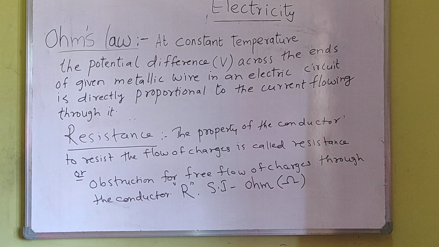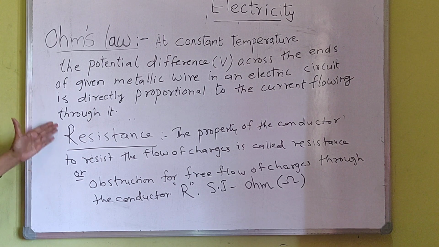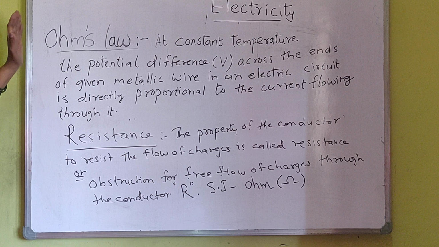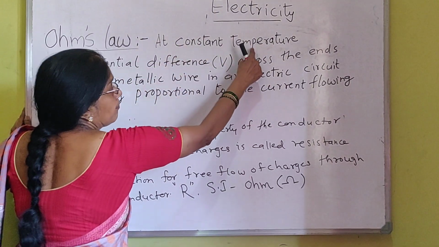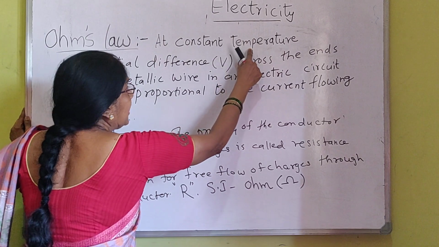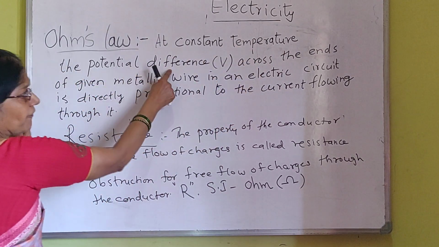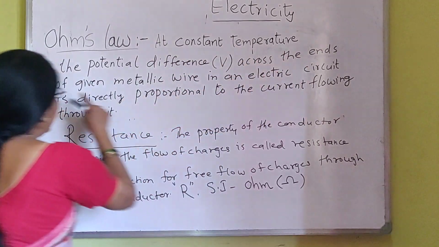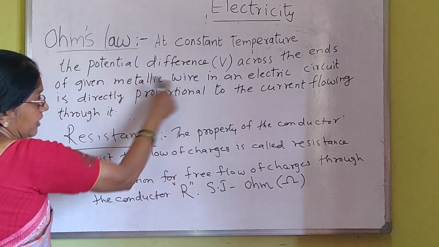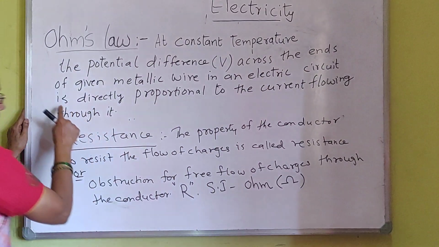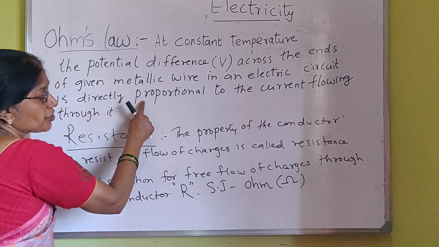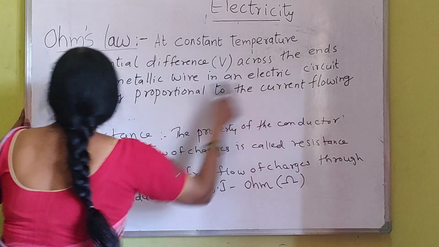So once again, what does Ohm's law say, and how did he derive the physical quantity called resistance with the help of Ohm's law? Ohm's law says that at constant temperature, the temperature should not change, the potential difference across the ends of the given metallic wire, any metallic wire in an electric circuit, is directly proportional to the current flowing through it.